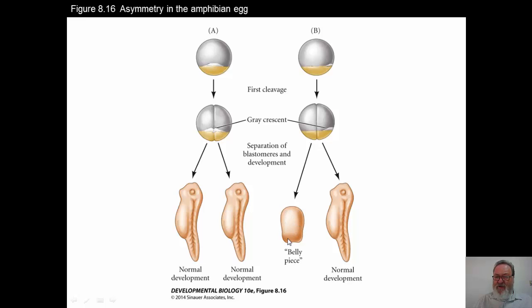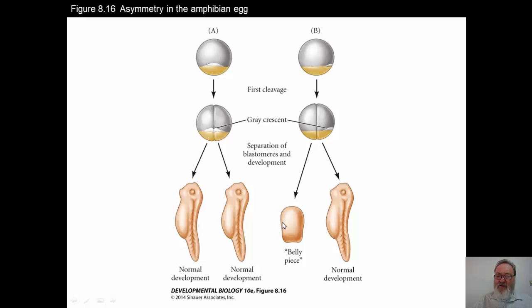It formed some tissue, but it didn't form neural tissue, brain tissue, and some of the aspects of the anterior part of the embryo. What he noted was that the part that had the gray crescent allowed normal development to take place. However, if the gray crescent was absent, normal development would not take place.